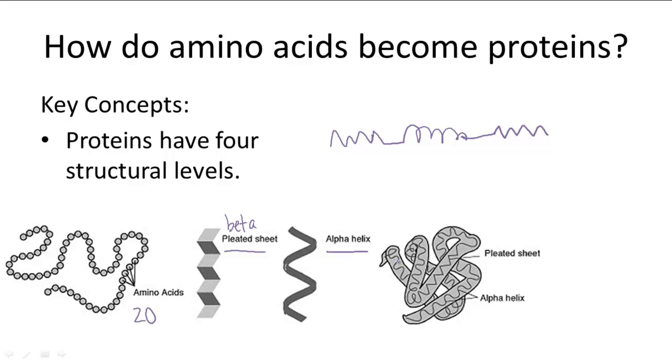So you might have a hydrogen bond here, an ionic bond here, a covalent bond here, and so on and so forth. The folding occurs through the attractions between the side chains of different amino acids, and these side chains are the R groups that we talked about.